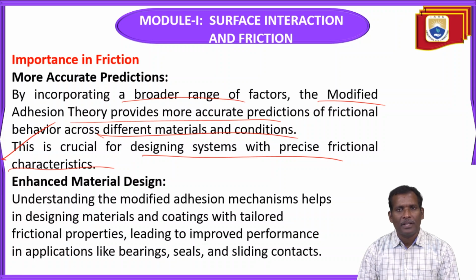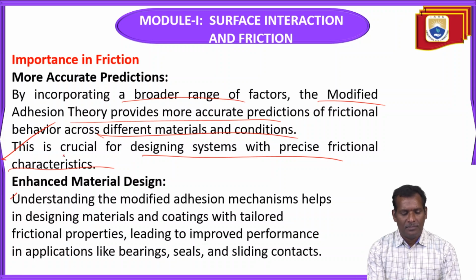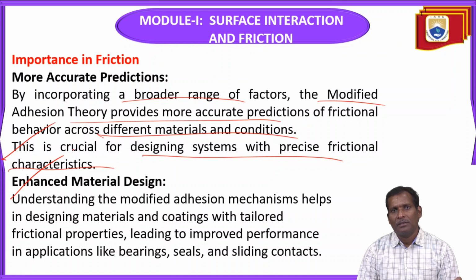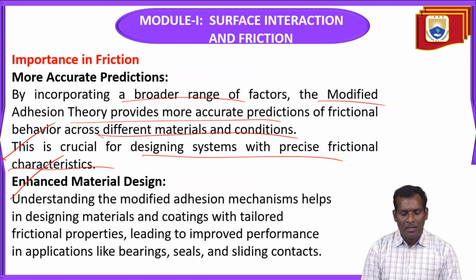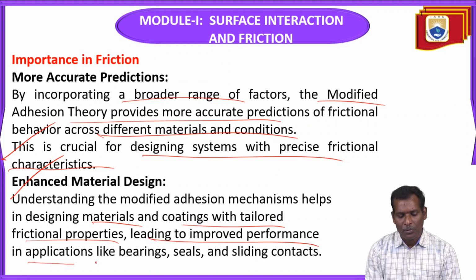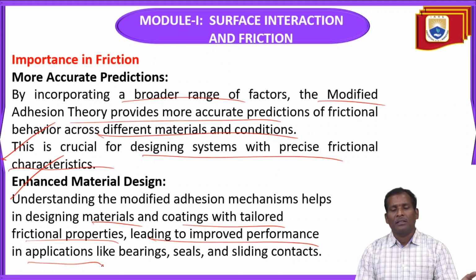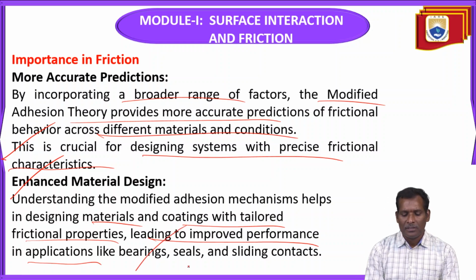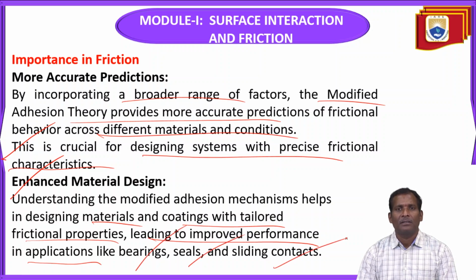Next one is enhanced material design. Understanding the modified adhesion mechanisms helps in designing materials and coatings with tailored frictional properties, leading to improved performance in mechanical applications, bearings, seals, and sliding contact surfaces.